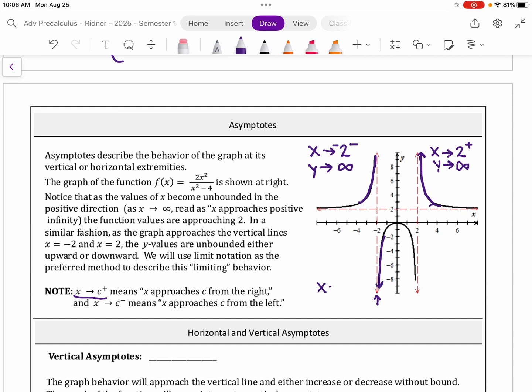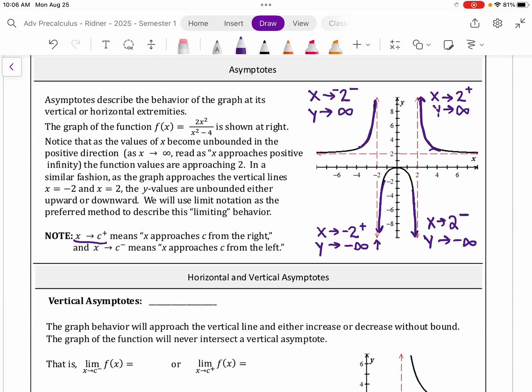So I would say as x goes to -2 from the right, y goes to -infinity. And when x goes to 2 from the left, then y also goes to -infinity. The more we do those, the more those make sense. Remember, that's your first time being exposed to that.